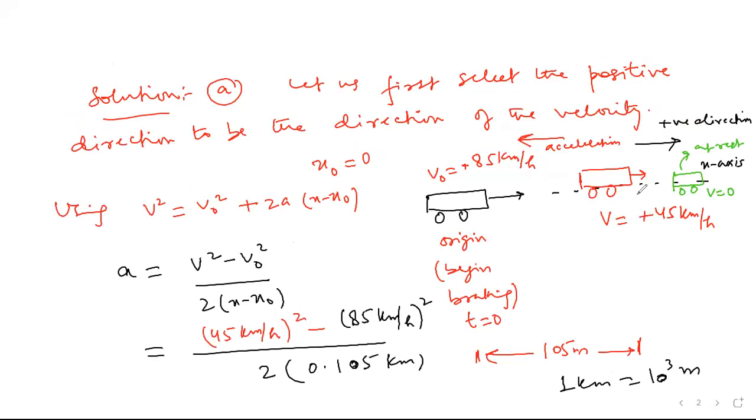I am asked to find the time that elapses between v equal to 45 kilometers per hour and v equal to 0. So I have calculated the total time. Therefore, the required time can be obtained by subtracting the time required for 85 kilometers per hour to 45 kilometers per hour from the total time.